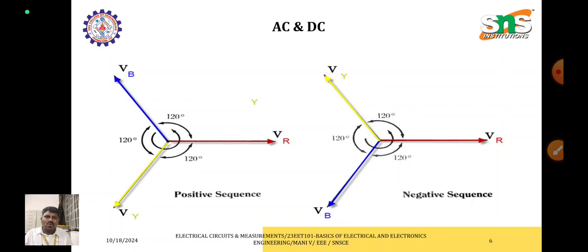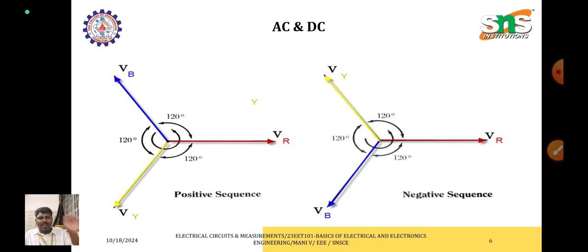If the excitation comes in the order red, yellow, blue, RYB, clockwise, it is the positive sequence component.